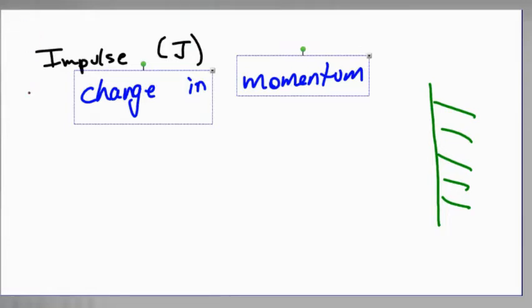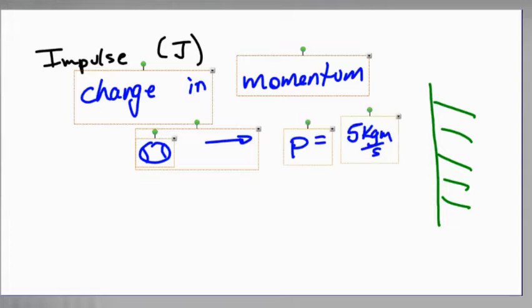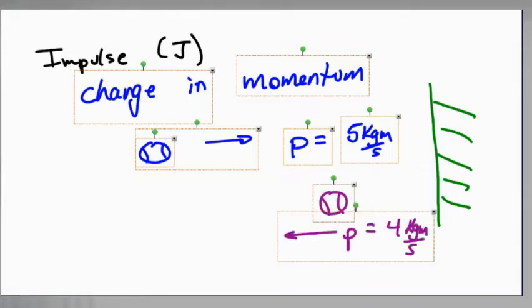So imagine that we've thrown our baseball at the wall here. Let's just say that it has a momentum of 5 kilogram meters per second. And then the ball hits the wall and it bounces off. And let's say it bounces off and it has a new momentum in the opposite direction of 4 kilogram meters per second.